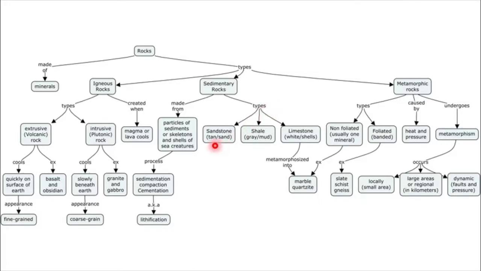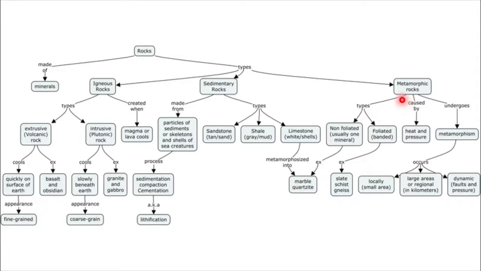Sandstone is made from sand and the color is tan. Shale, the color is gray and it is made from mud. While limestone, the color is white because it is made from shells, and it will be metamorphosed into marble or quartzite.